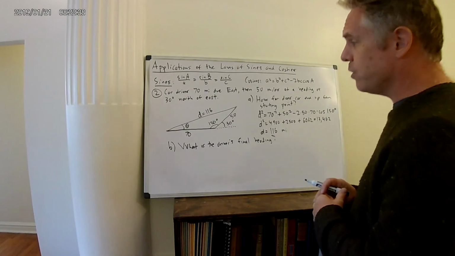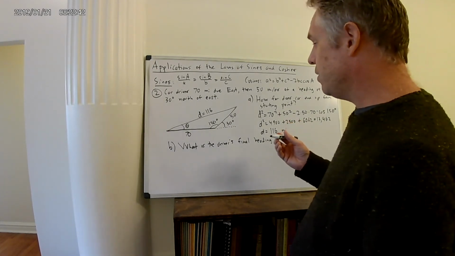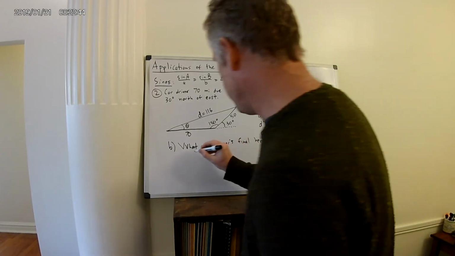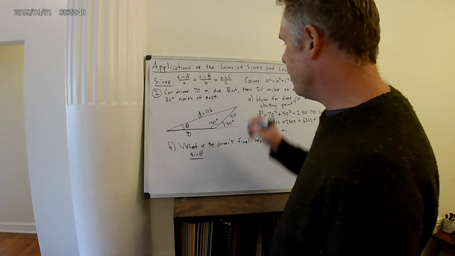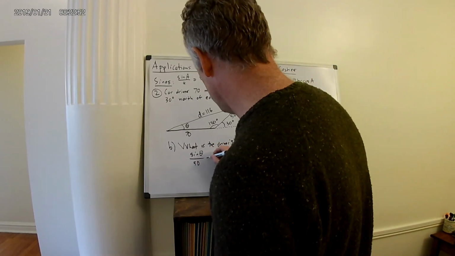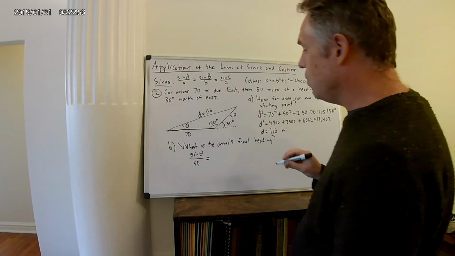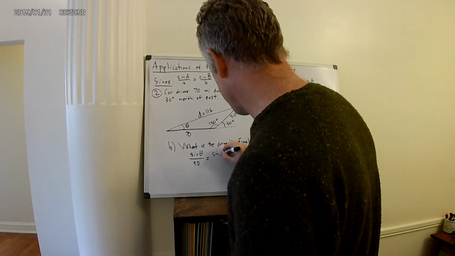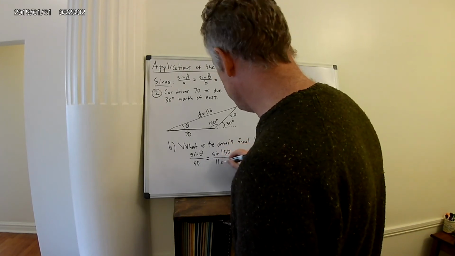Well, now we can actually use the law of sines to find this angle. We can write sine of theta divided by the side opposite that angle, which is 50. This is using the law of sines. This is equal to the sine of 150 degrees divided by D, which is 116.